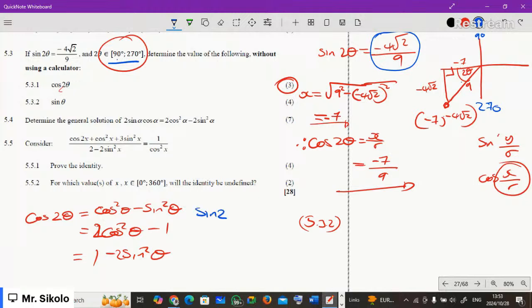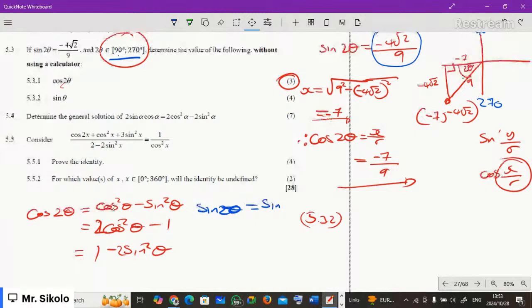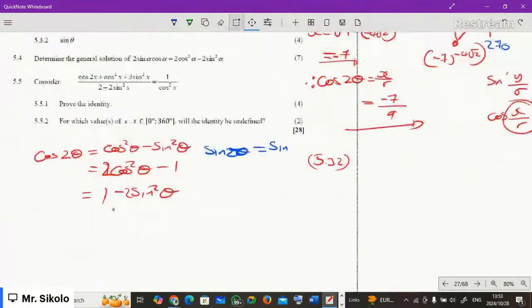So the double angle of sine, sine 2 theta. The double angle of sine will be what? Sorry, let me write lower down here a little so as to open up space. Okay, so I will write sine 2 theta is equal to 2 sine theta cos theta, its identity.